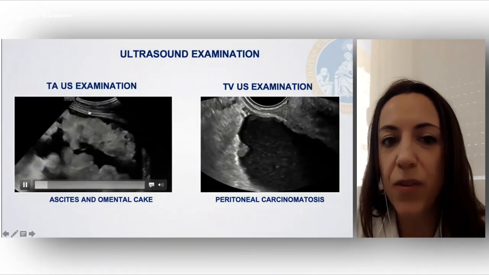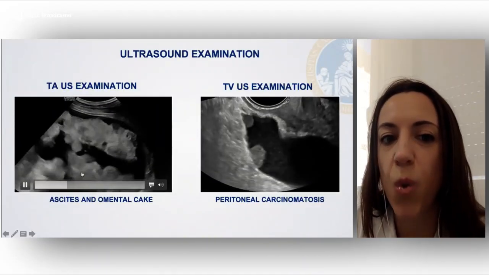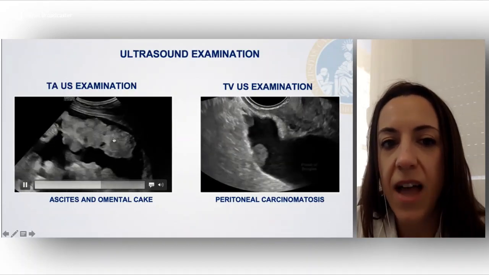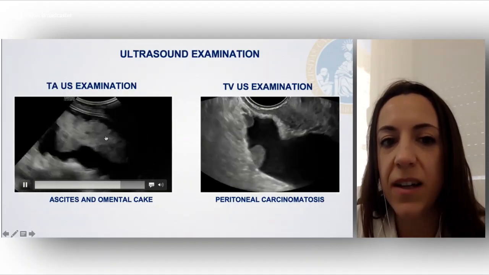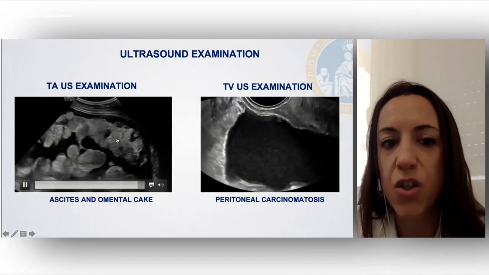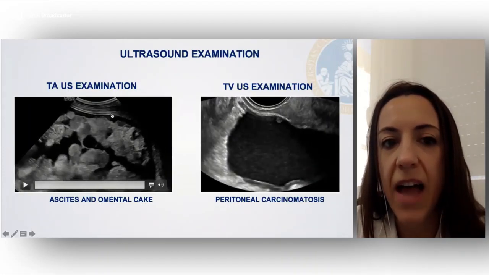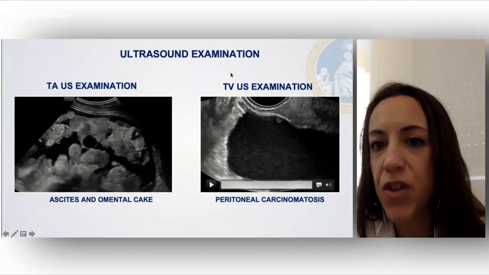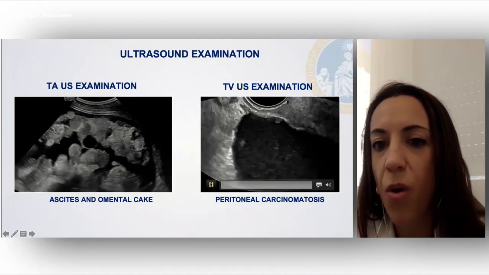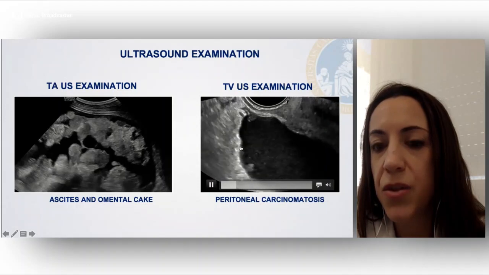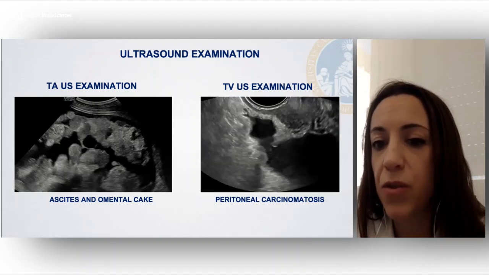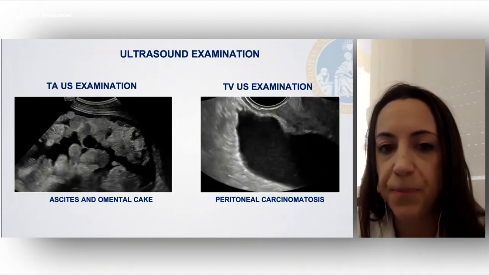On the right of the screen, this is the video showing ascites in the abdomen and the omental cake, this tissue between the bowel and the abdominal wall. Back to the transvaginal examination, we also saw some small nodules in the pouch of Douglas, suggesting peritoneal carcinomatosis.